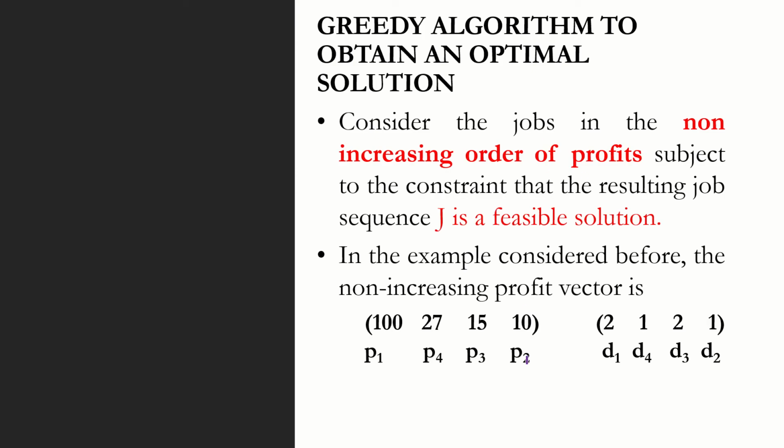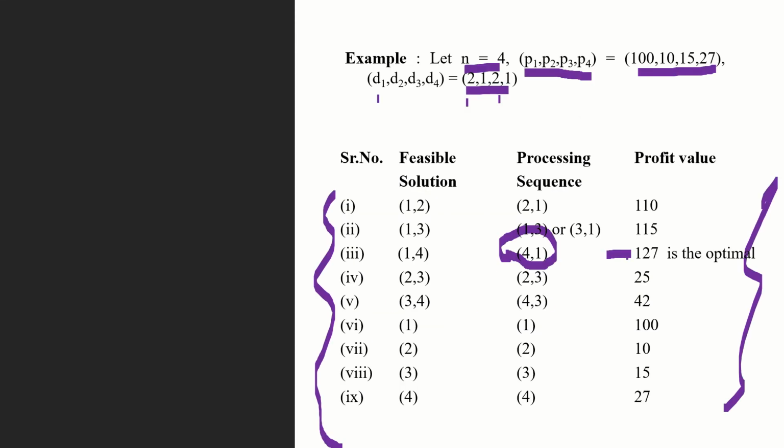In order to solve this problem, the first step is that whenever you get a problem, you arrange the jobs according to the decreasing order of the profit. In the previous example, the order was process 1, process 2, process 3 and process 4, with their corresponding profits and deadlines.